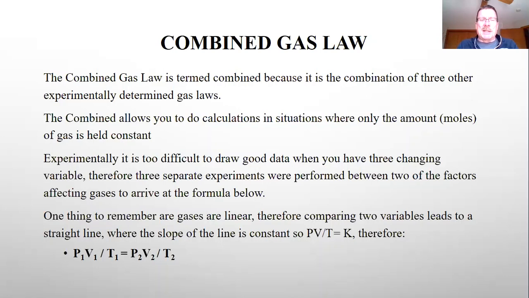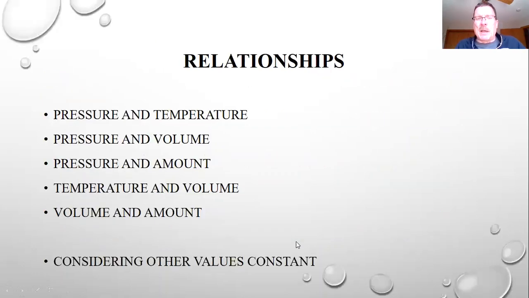You can see at the bottom the combined gas law, but let's figure out how we got there first. You can't do 3 variables at once, so these are the variables they look at and pair up, and that's what we're going to put together.